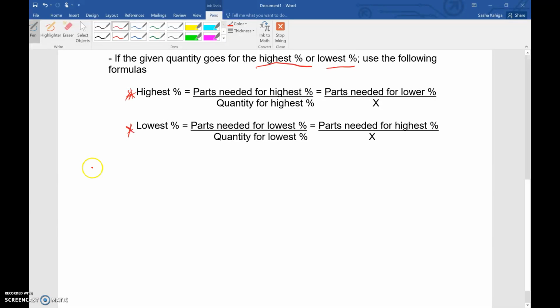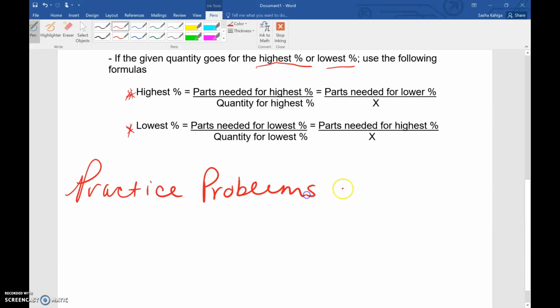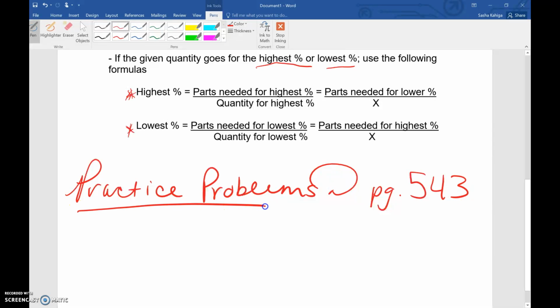I want you guys to turn to page 543. We're going to look at practice problems D, I believe these are D, on page 543.